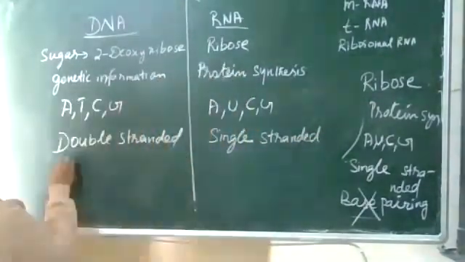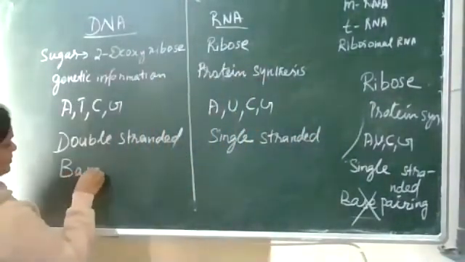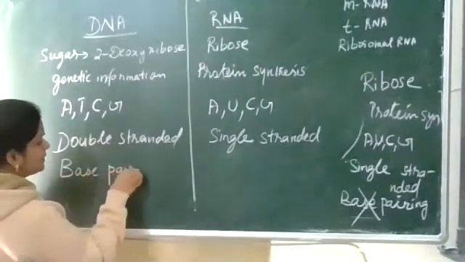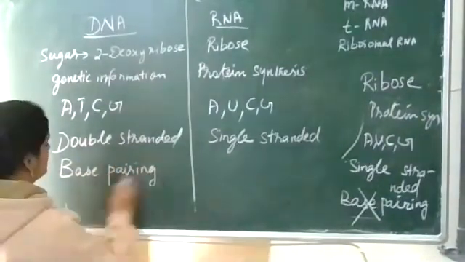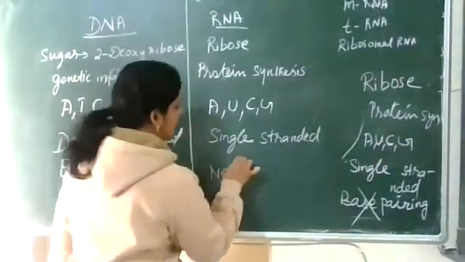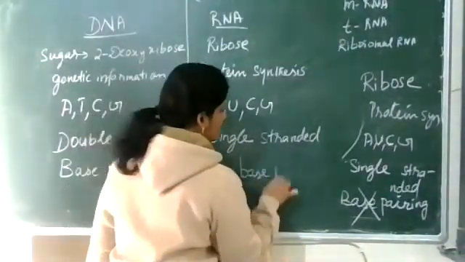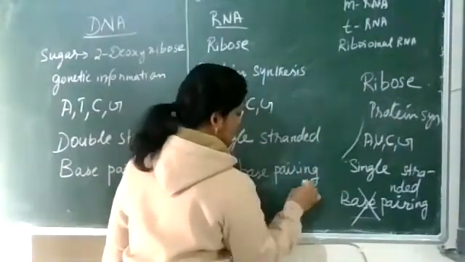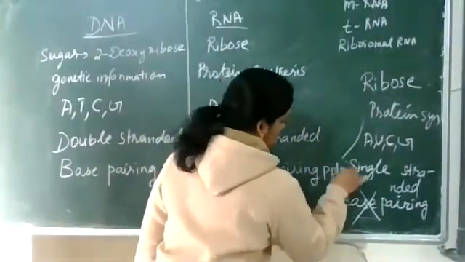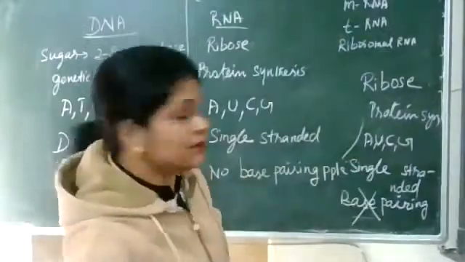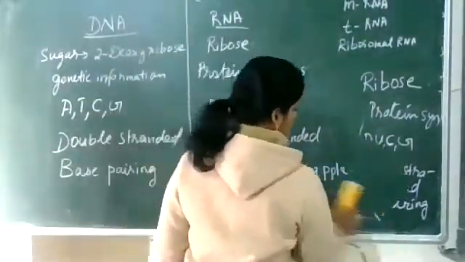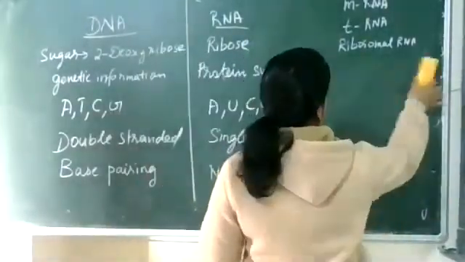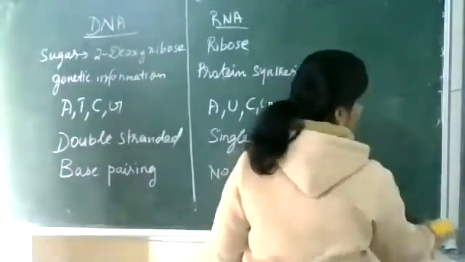In DNA, the base pairing principle is followed. In RNA, there is no base pairing principle.